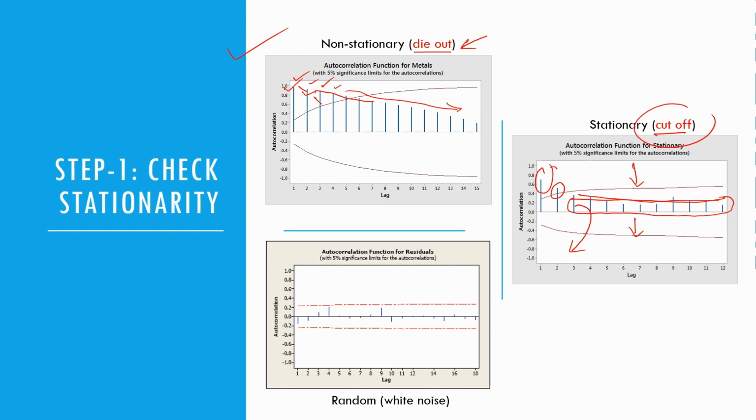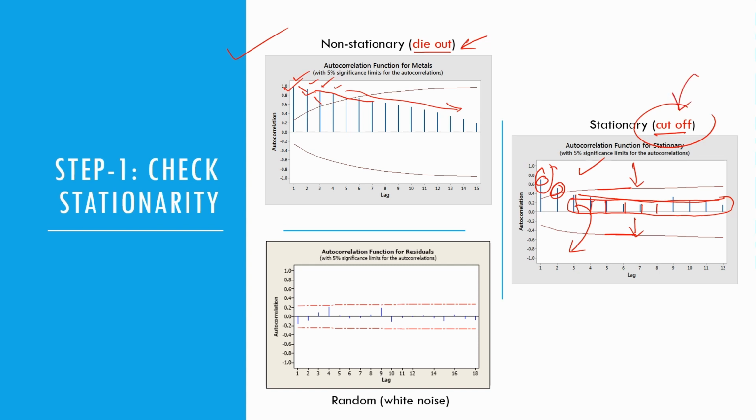So if it is within this control limit, you assume that it is 0. Therefore, in this kind of diagram, only the first 1 or 2 columns are significant, and after that all are 0. This is called cutoff.